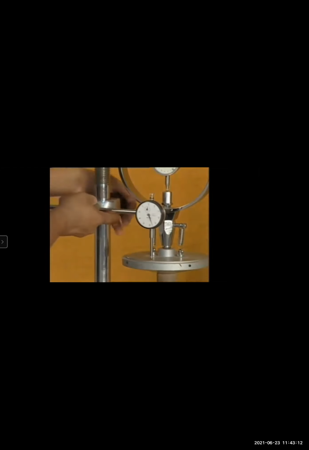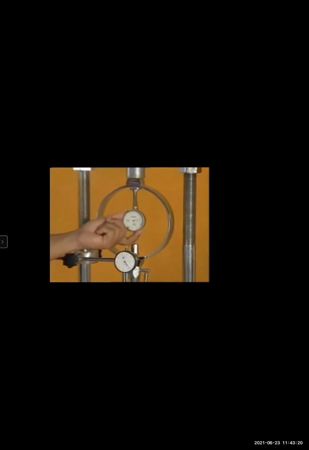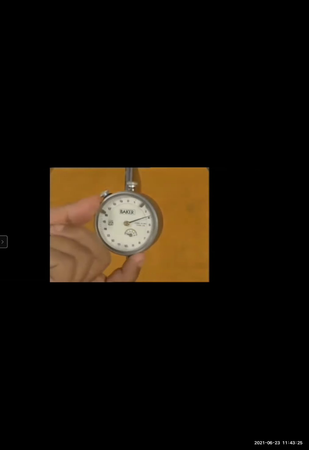This dial gauge shows the reading for vertical deformation, and this proving ring is set to 0. The second dial gauge is also fixed at 0.